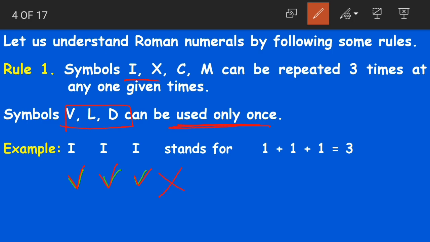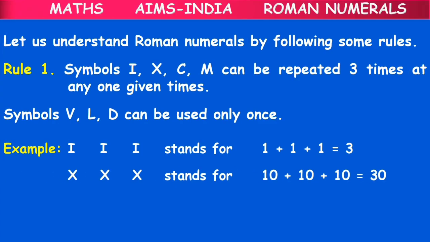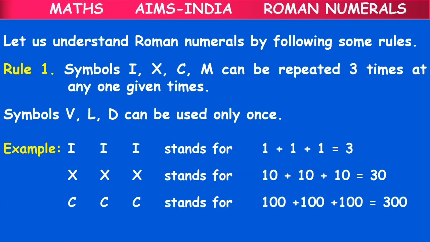Only I, X, C, M can be used 3 times. The next one is again XXX. Again X can be used 3 times. X is equal to 10. So XXX stands for 10 plus 10 plus 10, which is equal to 30.